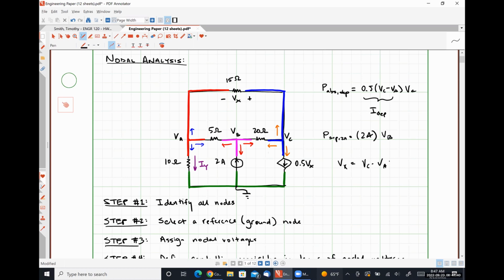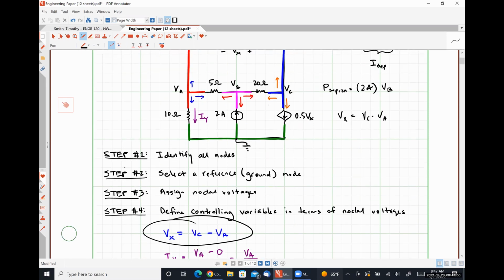So nodal analysis is an incredibly powerful tool because it tells us so much about the behavior of the circuit all in one go. The hard part here is effectively just following the rules, which I've outlined in these various steps, to make sure that we're doing it correctly every time, okay?